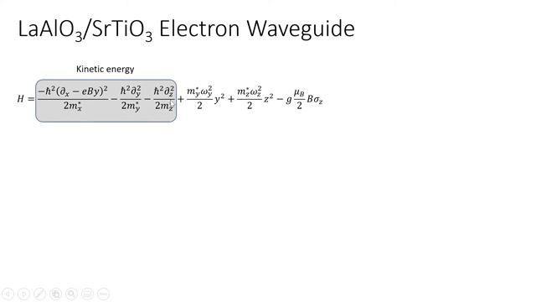These 3 terms represent the kinetic energy of the particle in the propagation direction, x, as well as the 2 transverse directions, y and z. So these would provide confinement energy, and this would give you kinetic energy along the direction of the magnetic field.